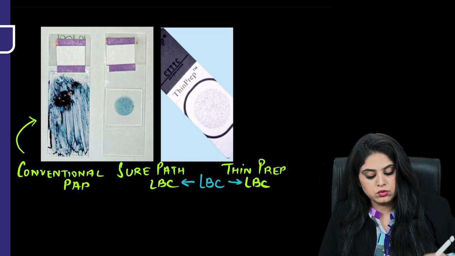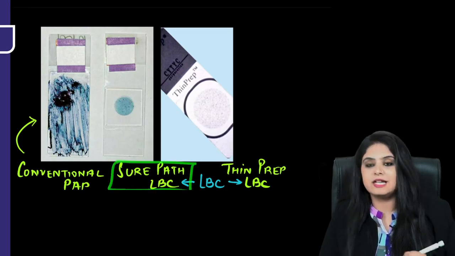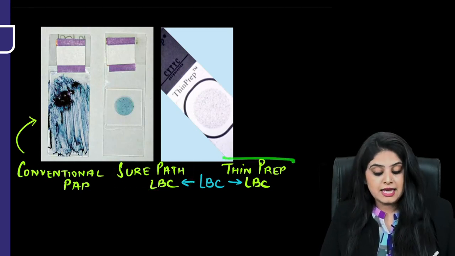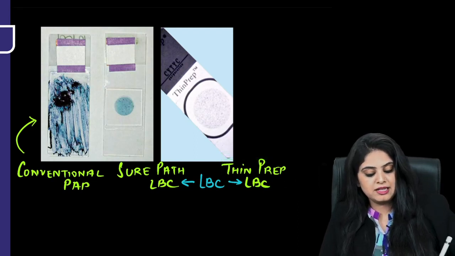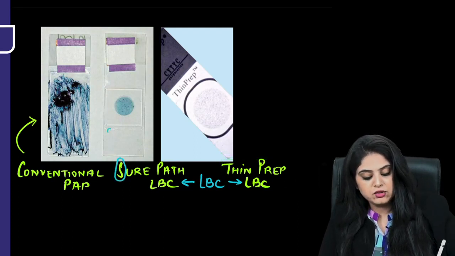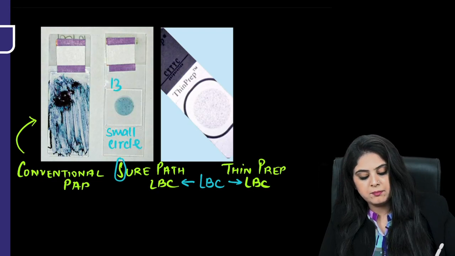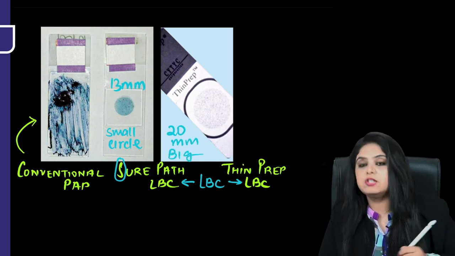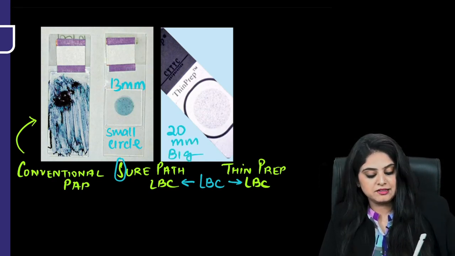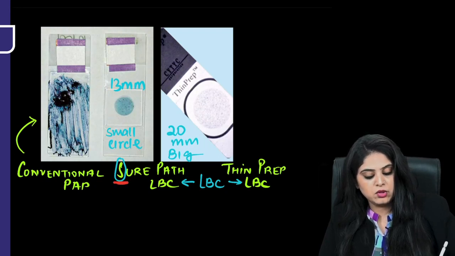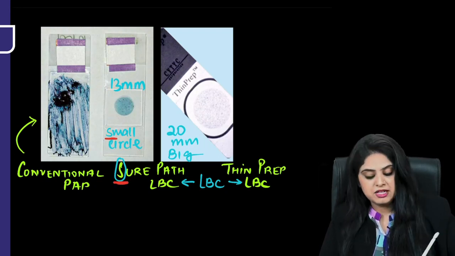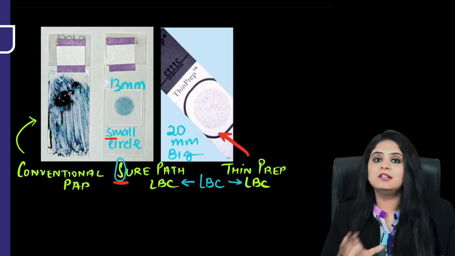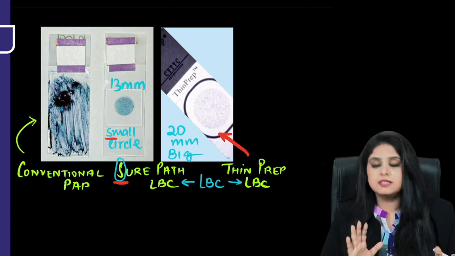First you need to know that liquid-based cytology is of two types, that is SurePath LBC and ThinPrep LBC. SurePath, S for small, is going to have a small circle on the slide, roughly 13 mm, whereas ThinPrep is going to have a bigger circle of 20 mm. That is the difference between SurePath and ThinPrep.